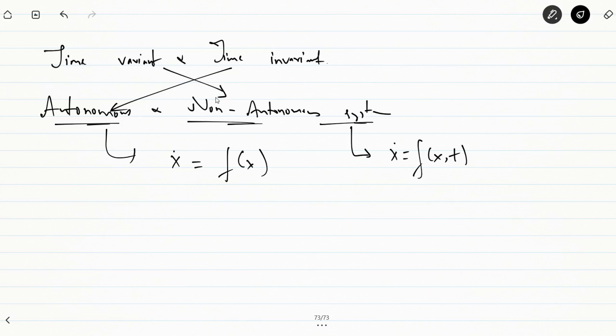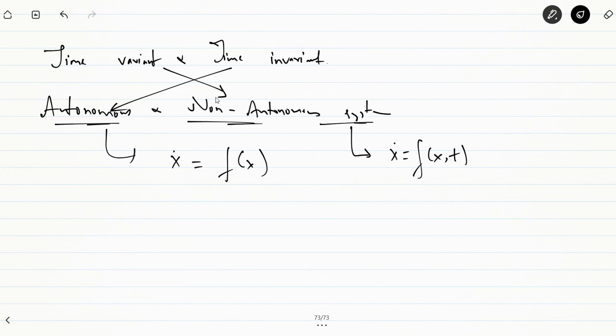Now we have studied Van der Pol equations or other equations. Some of them were autonomous, some of them were non-autonomous in nature. I have already talked about this previously also. Ideally speaking, no physical system is autonomous. All physical systems are non-autonomous because there will be some variation in the parameters with respect to time as the system is up and running.